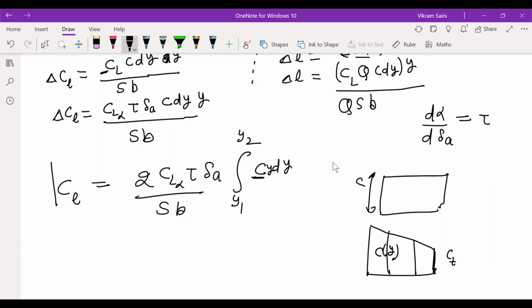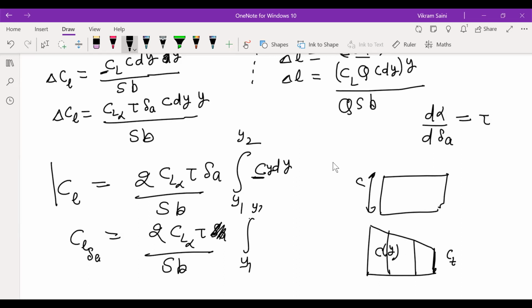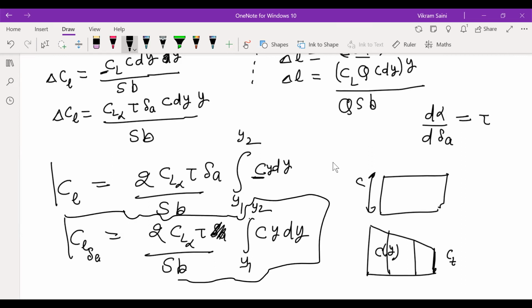And what will be the CL delta A, the control effectiveness of the aileron? You differentiate the entire expression with respect to delta A, you end up with CL alpha tau, not delta A, because we have differentiated with respect to it. Then we have this integration from y1 to y2 of c y dy. All right, so this is your aileron control effectiveness.